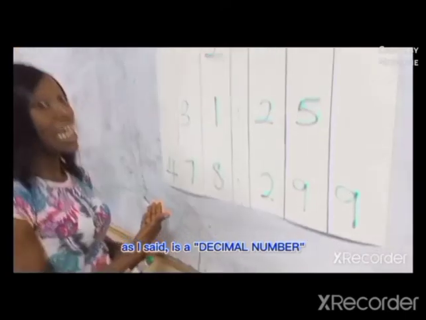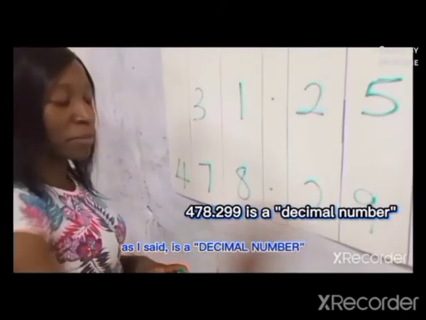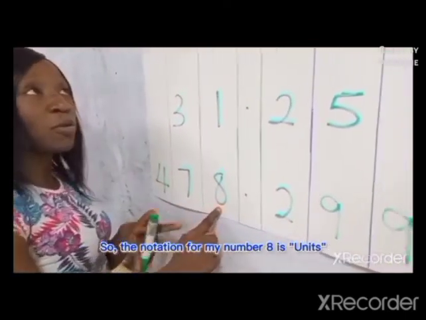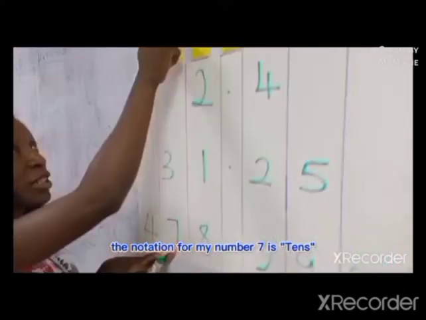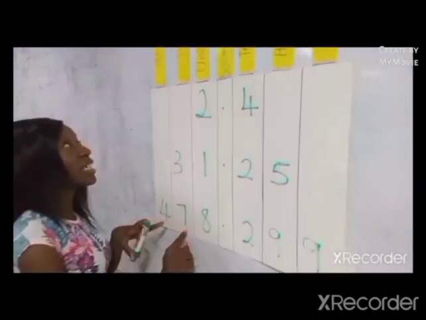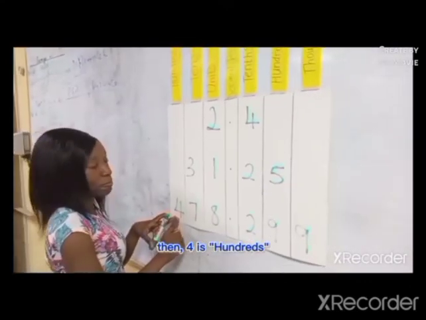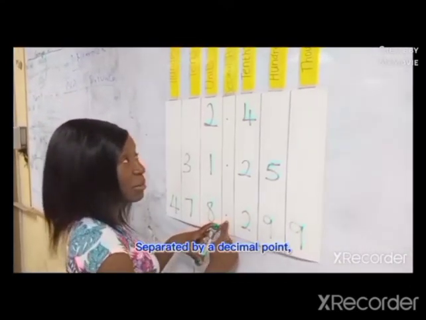Altogether, as I said, is a decimal number. So the notation for my number 8 is units. The notation for my number 7 is tens, then hundreds, separated by the decimal point.